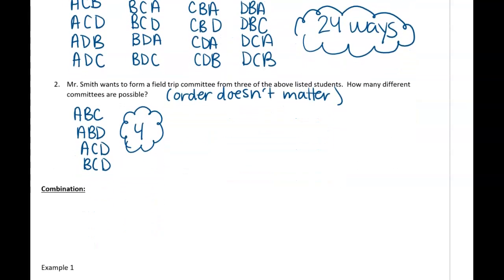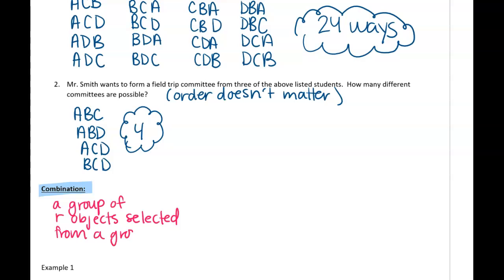So now let's talk about a combination, and then we will use that up above. So a combination is a group of R objects selected from a group of N objects where order doesn't matter.